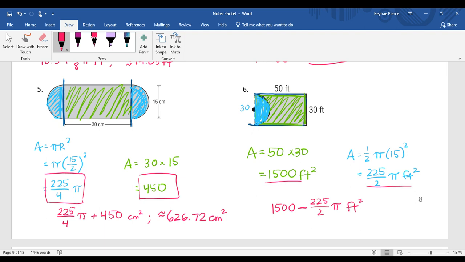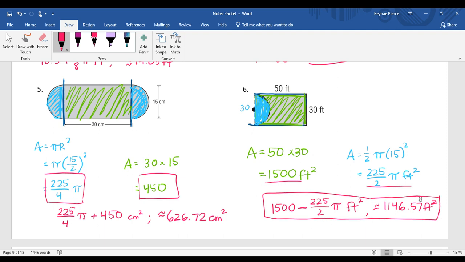Okay, and again, we can't do anything other than write it like this when we've got something that has a pi and something that doesn't. Okay, an approximate answer, if we take 225 divided by 2 and multiply it by pi, and then take that away from 1,500, is 1,146.57 square feet.